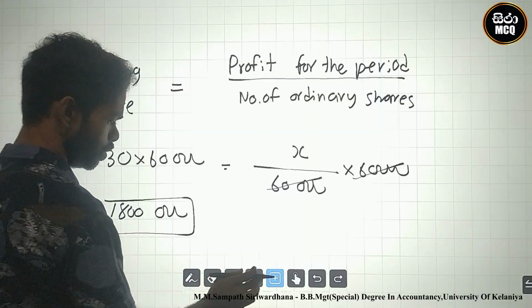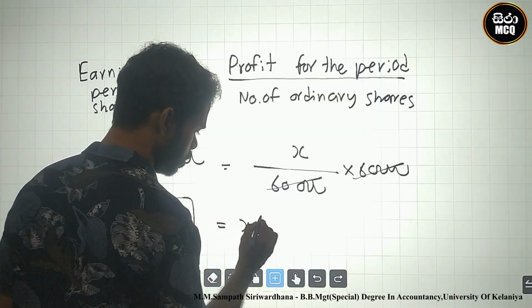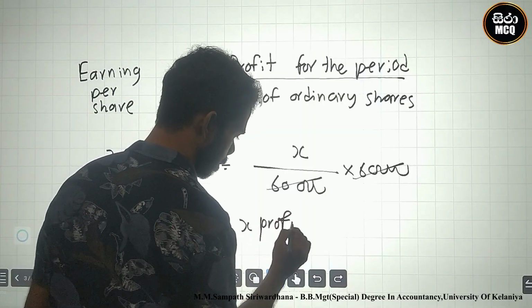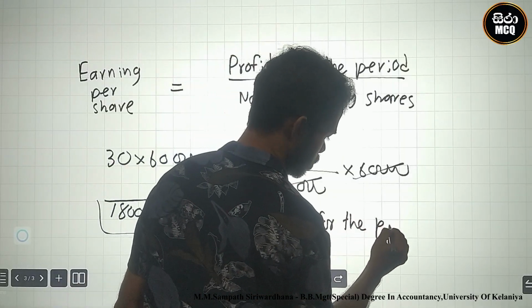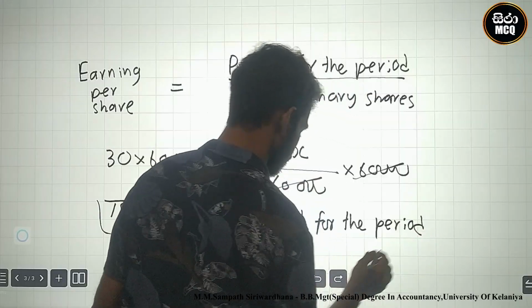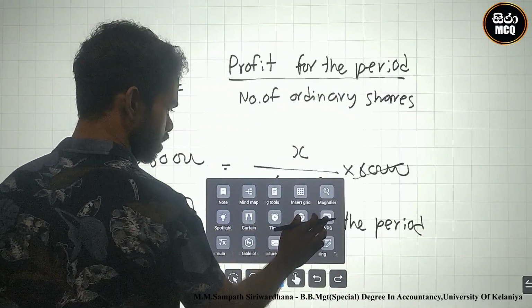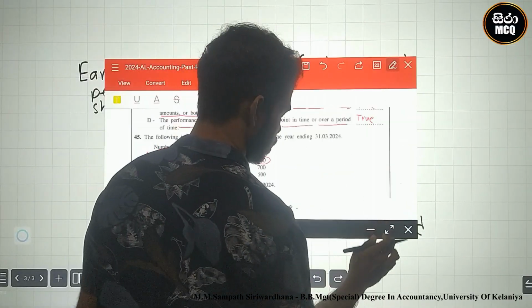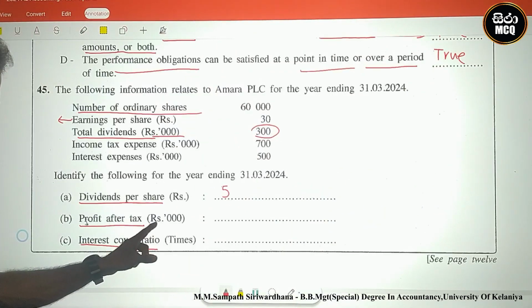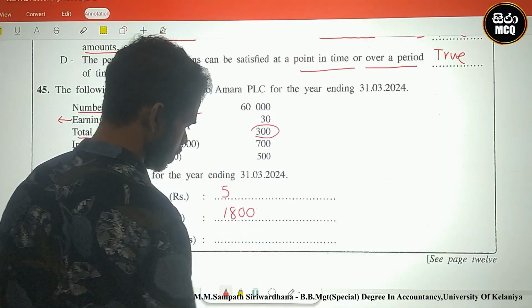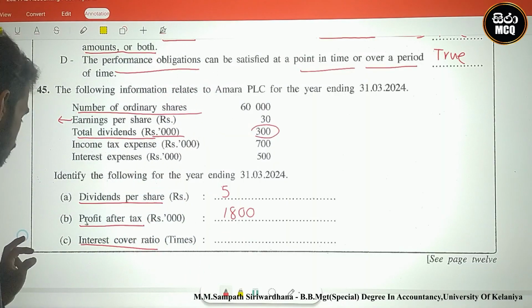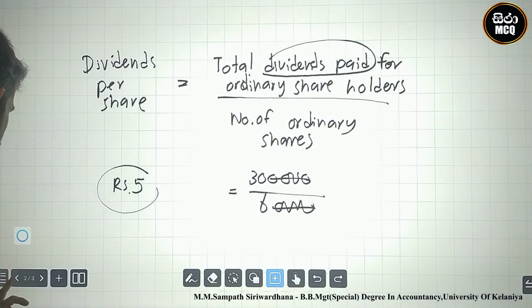This is the profit for the period. In thousands, profit after tax is 1,800.